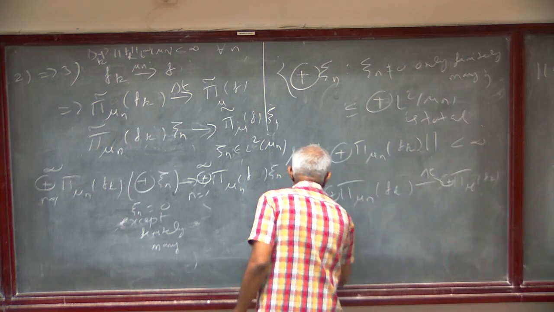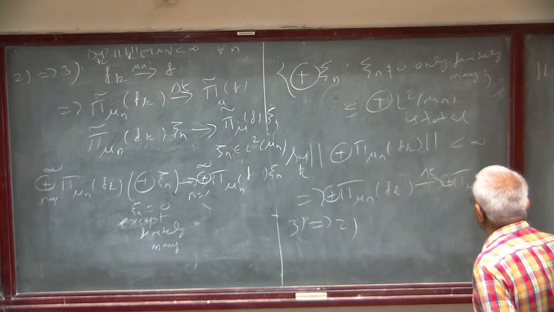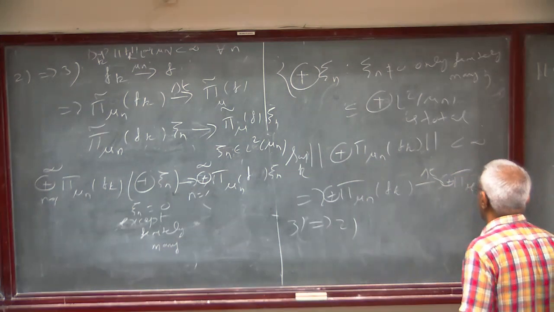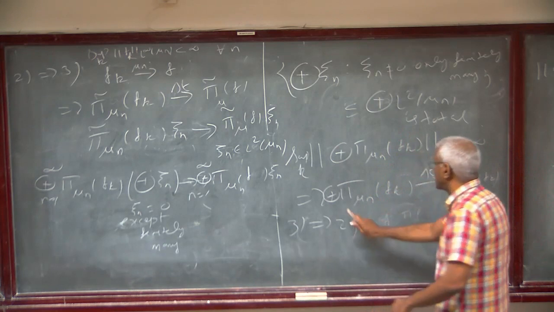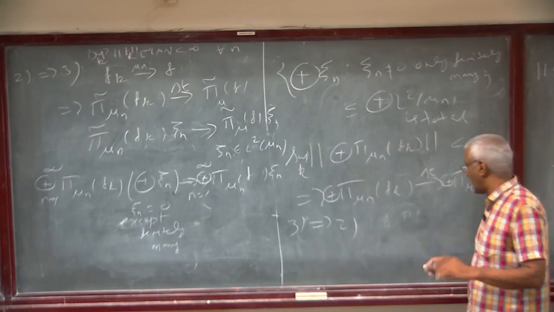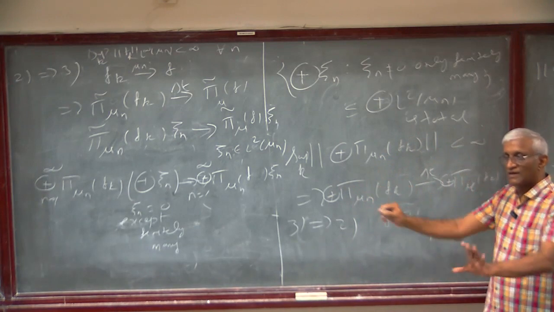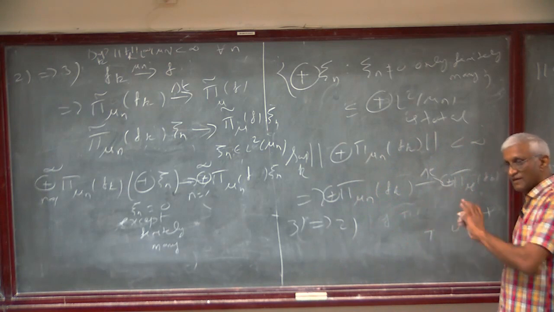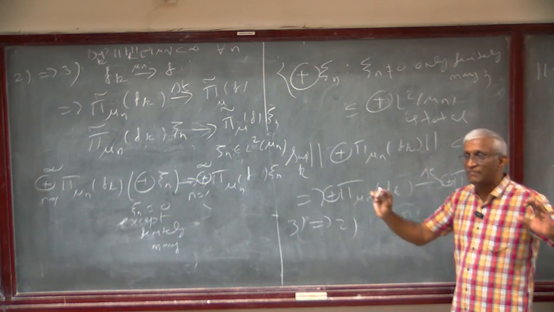Now 3 implies 2. We have already proved 2 implies 3. So phi delta is actually equal to phi delta. If U is an isomorphism, we have two Hilbert spaces H and K with a unitary between them.